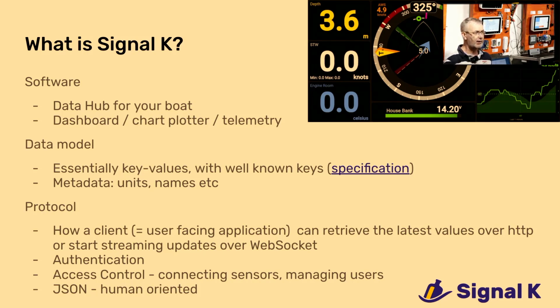And you can stream updates through a WebSocket connection with authentication and access control, and using JSON as the format. So maybe that will give you a quick idea of what Signal K is.